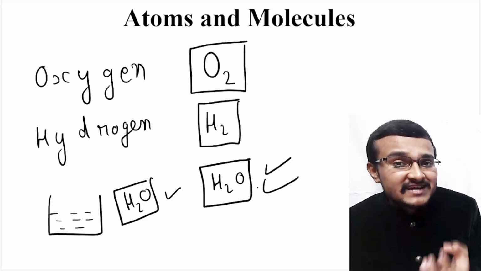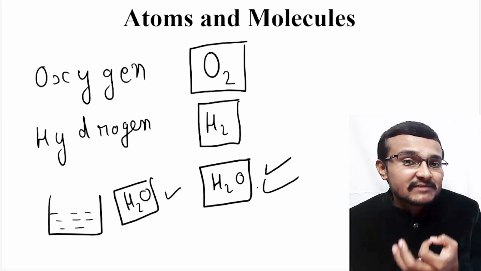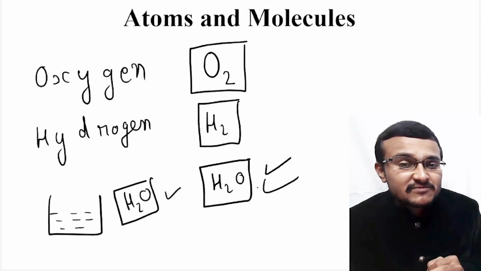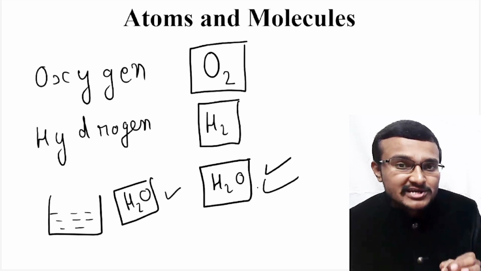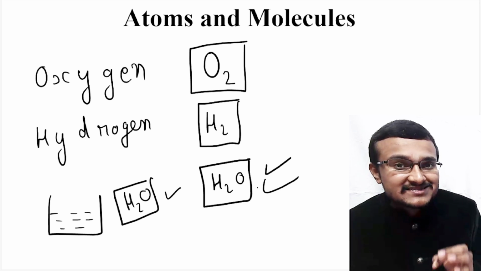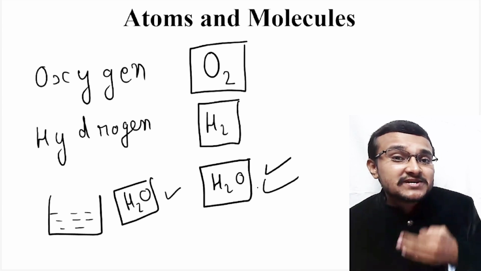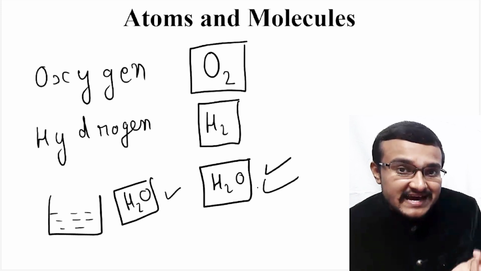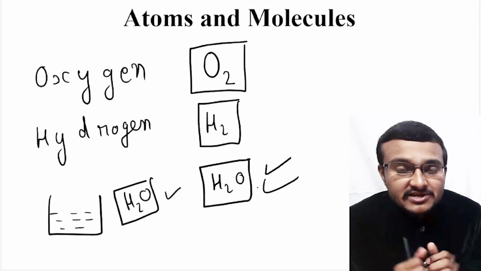So every H2O molecule will exhibit whatever chemical properties that water is having. So a molecule can also exist as a single simple particle which can have the same chemical properties as when it was there in bulk.